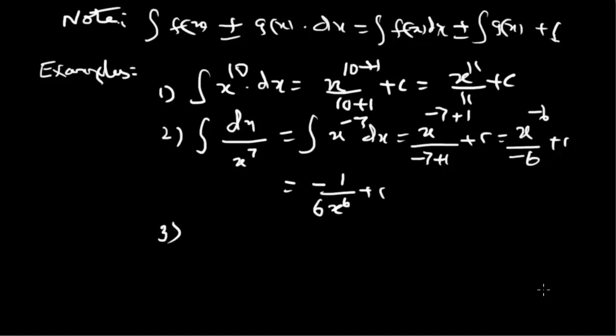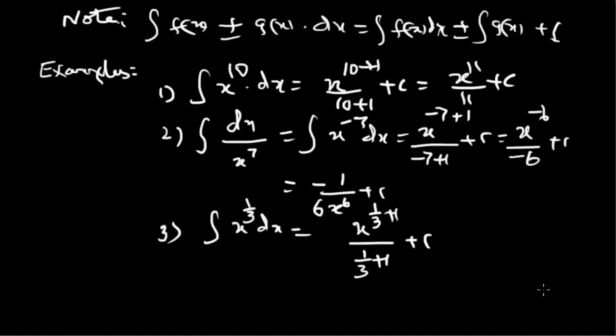Now we take a fractional power in the numerator. So integral x power 1 by 3 into dx. After all, that power is nothing but n according to the first formula. So x power 1 by 3 plus 1 by 1 by 3 plus 1 plus c. Why? X power n is there, x power n plus 1 by n plus 1.